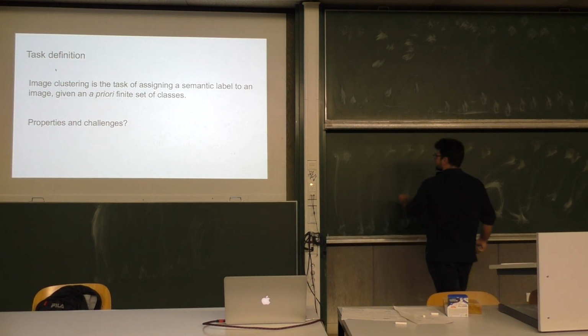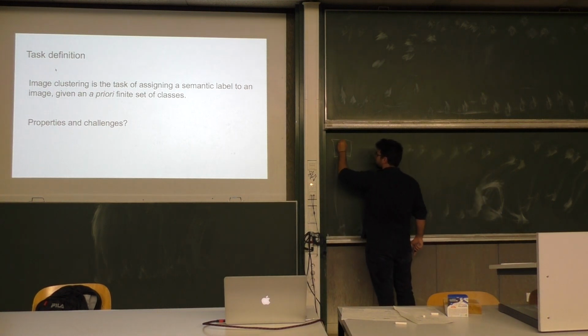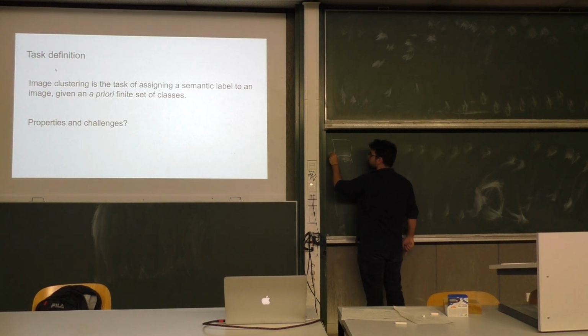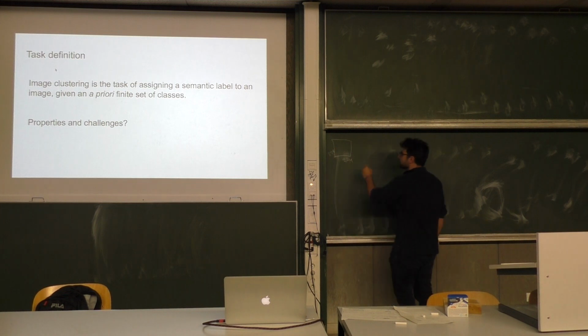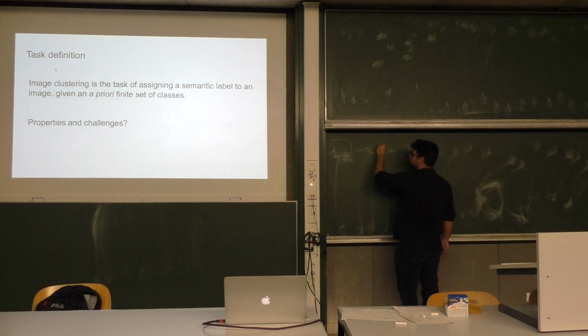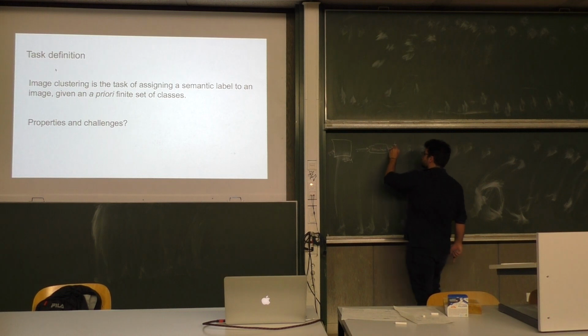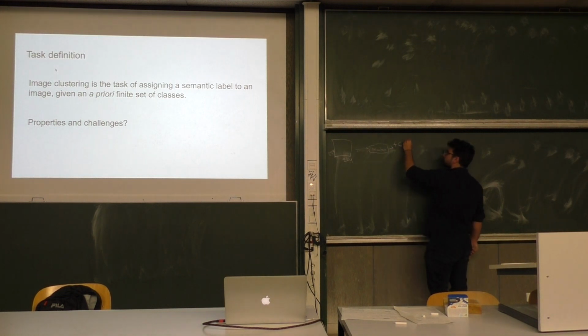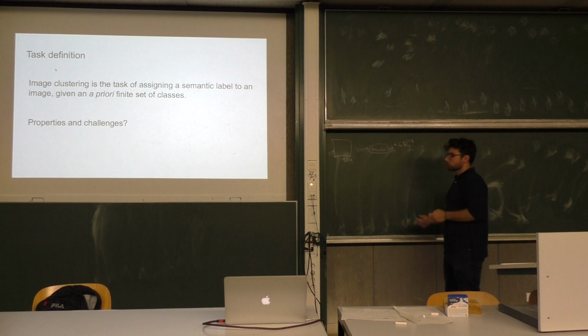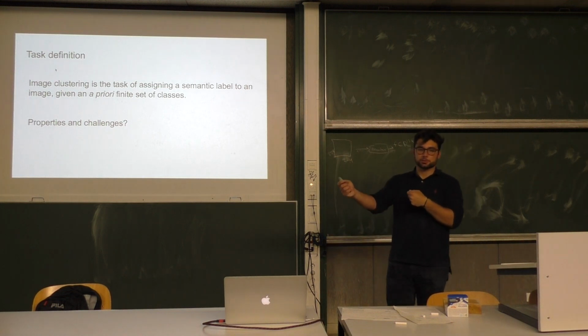So for an image of 224 by 224, you have this encoder model, and then you take some features F that are just 128 dimensions.